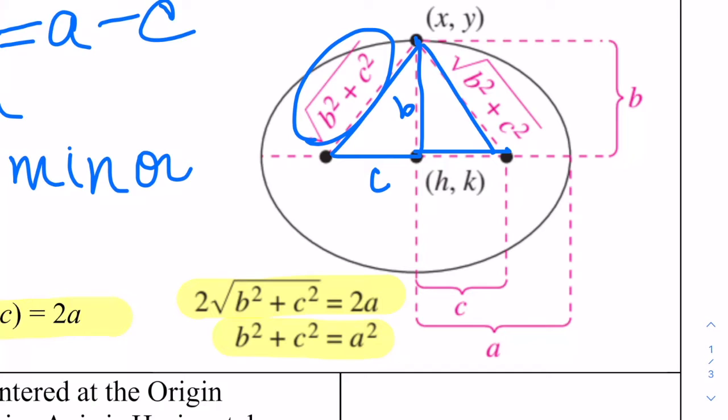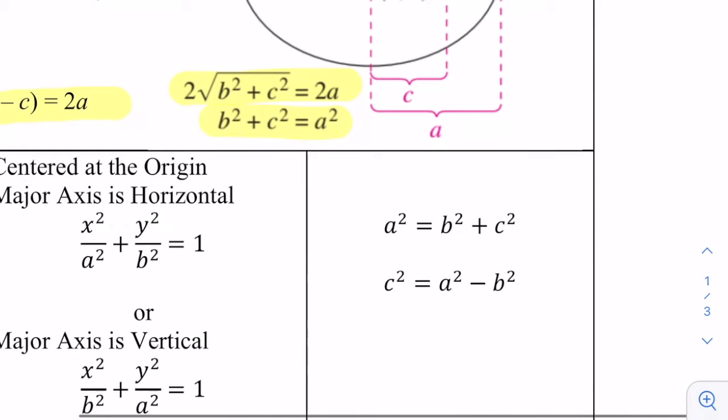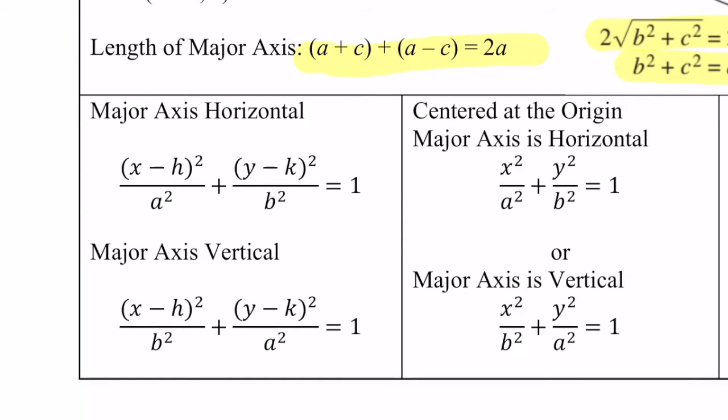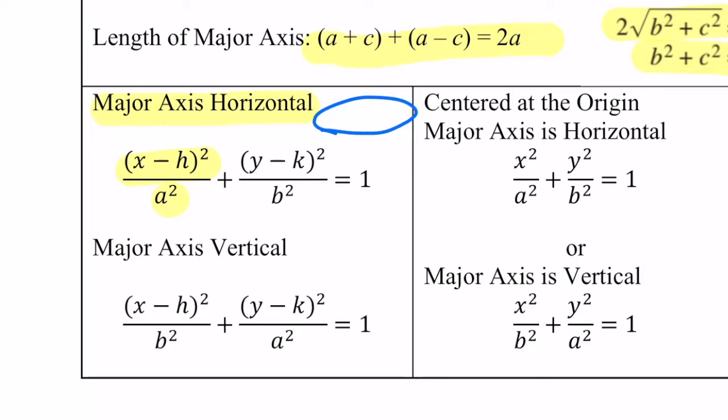We can derive the relationship between a, b, and c as b squared plus c squared equals a squared. If the major axis is horizontal, meaning it is a wide ellipse, then a squared will be under x minus h quantity squared. If the major axis is vertical, a squared will be under y minus k quantity squared.